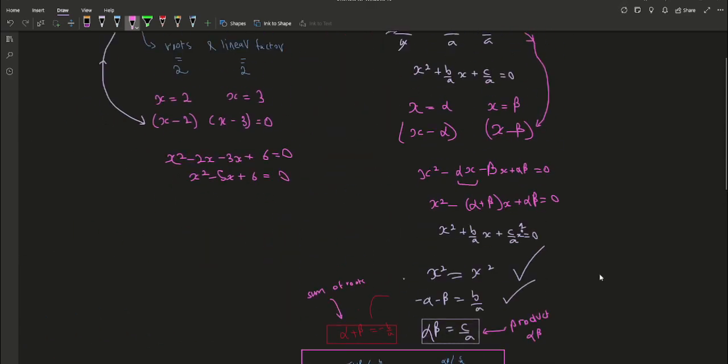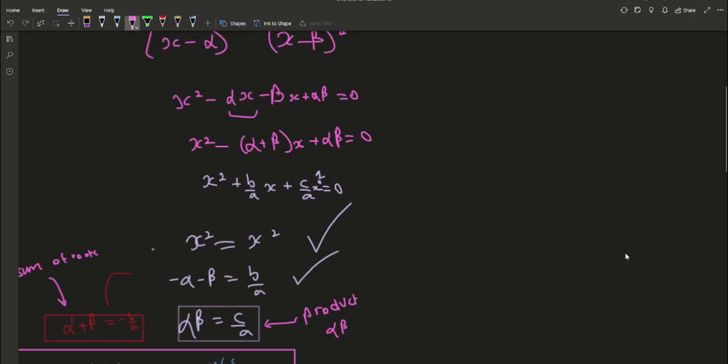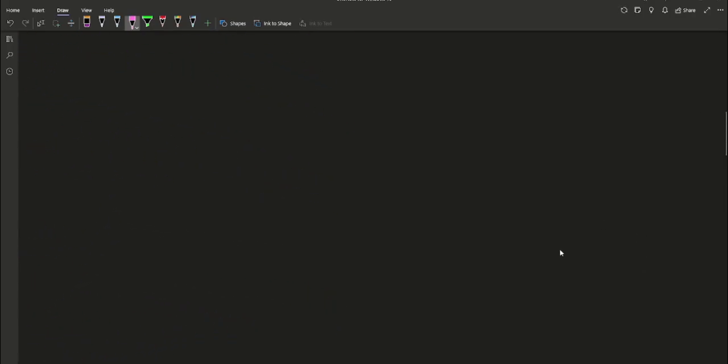Okay, now let's move on towards the examples for quadratic equations and application of Vieta's formula. So this is our first example. Let's say the quadratic equation is 2x squared minus 5x minus 3 equals 0.